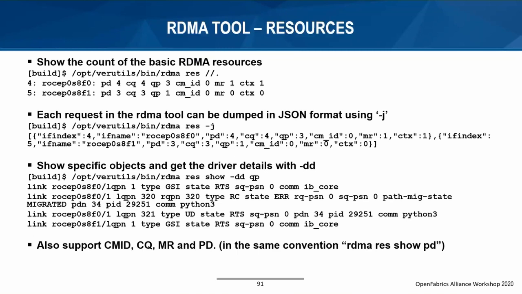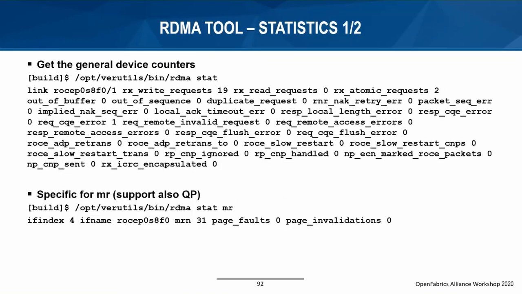So basically, if you need to debug, you can get all the QP information from within the RDMA tool, the resource part. And the next slide, if you can jump to it, is providing all the counters.